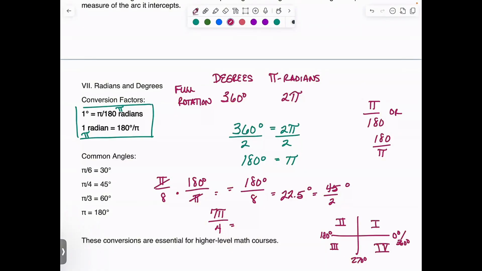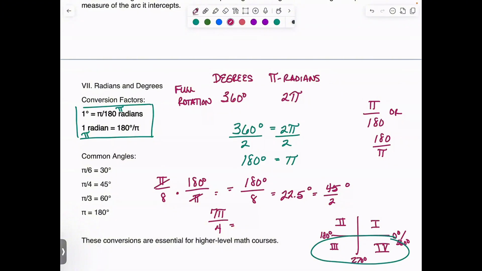I just demonstrated that there on the bottom of the screen. Now, mostly in geometry, you're just dealing with angles between 1 and 180. But they might ask you to convert some higher angles. And a lot of this work on the bottom is more in pre-cal and trig class, things like that.